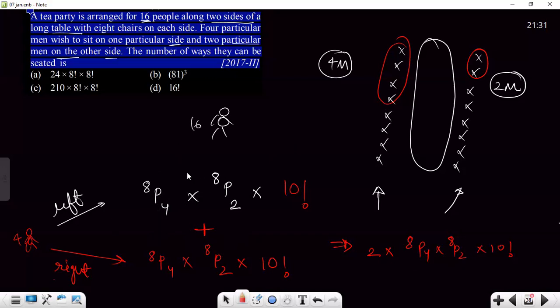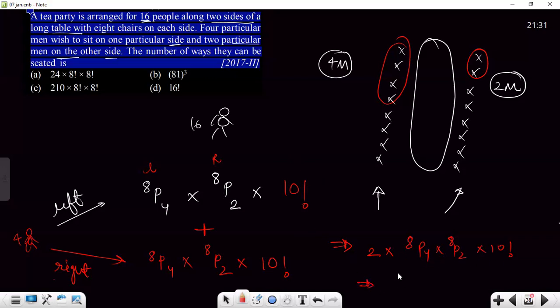And if it is happening on the left side, on the right side the other 2 will go and select 2 chairs out of 8 and arrange themselves. The remaining just don't care. They will sit on any chairs wherever they are. So they will arrange themselves for sure after selecting. They are not choosy persons, simple, sober.